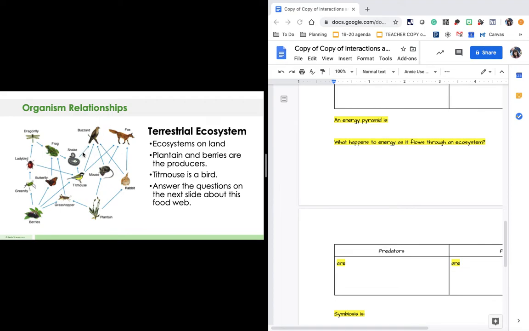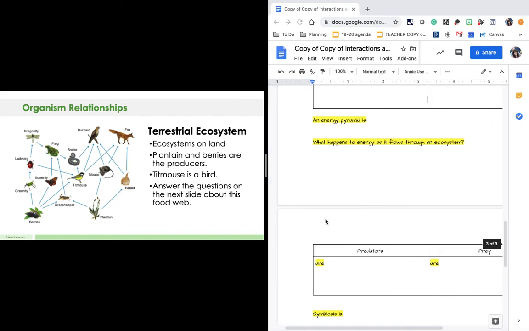If say for some reason snakes all die off in that ecosystem, it still has the bird, the mouse, and the rabbit to get its energy from. So the more organisms an organism can get its energy from, the better for it in that ecosystem.